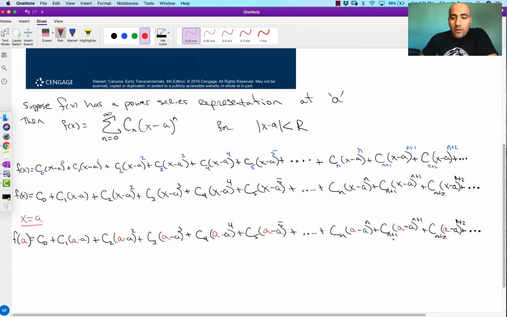Every one of those terms from here all the way out to infinity is going to become 0, 0, 0, forever. And so what we have left over is just this part right here. So that means that f of a equals c naught.